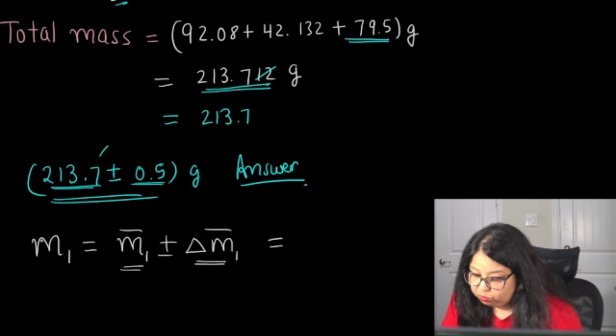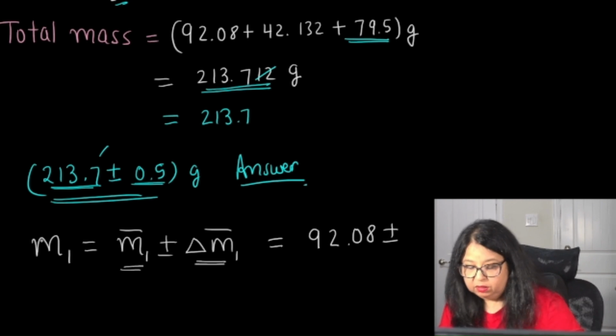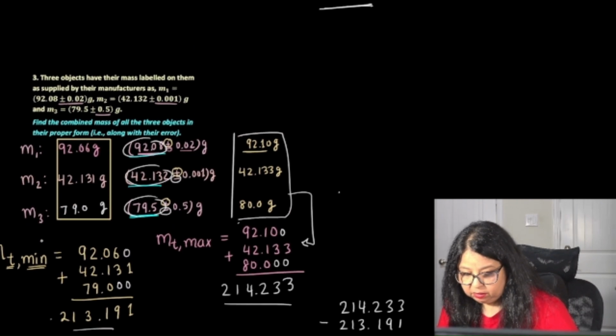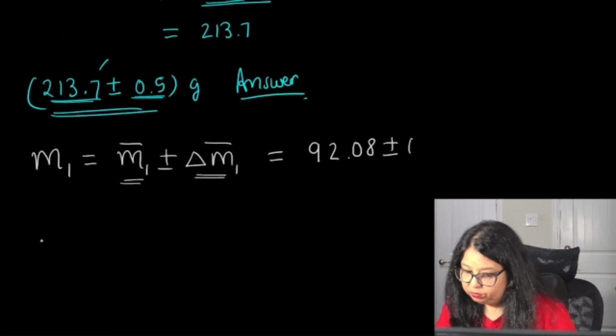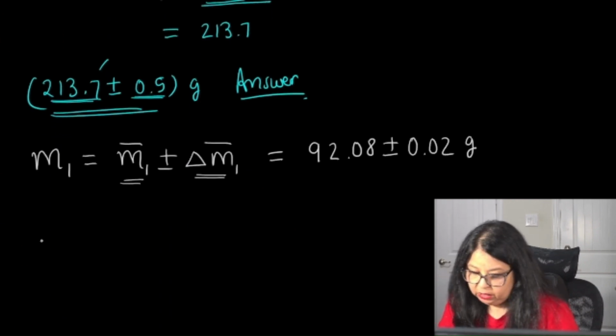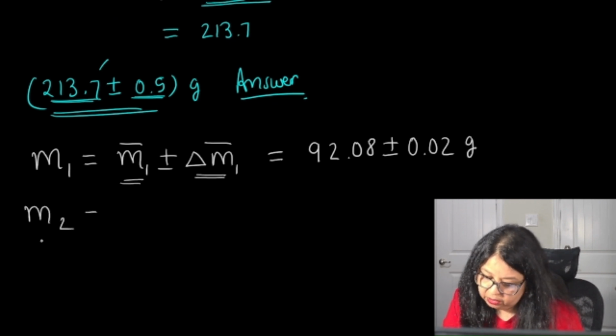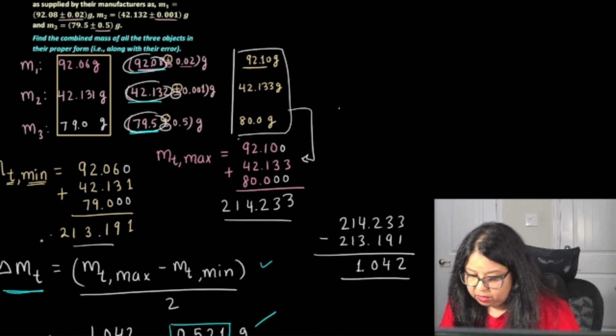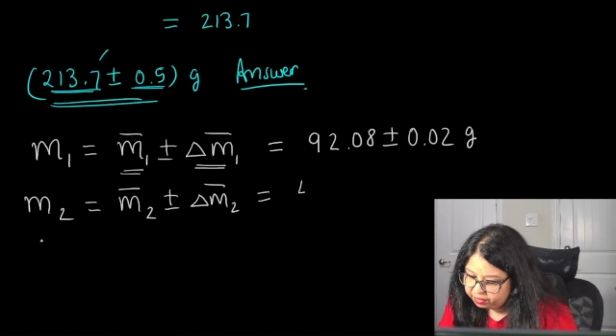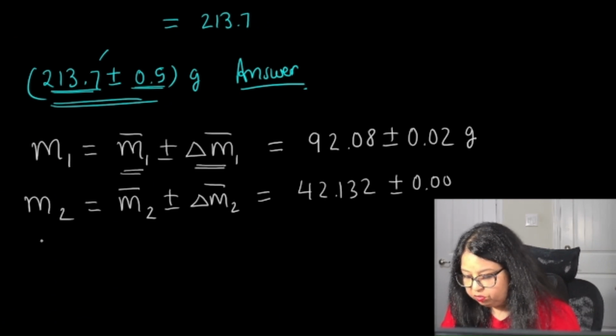So this is given to us to be equal to what? 92.08 plus minus what? I forget. 0.02. Likewise, M2. Symbolically, I'm going to write this as M2 bar plus minus delta M2 bar. And its value is, let me look it up, 42.132 plus minus 0.001.